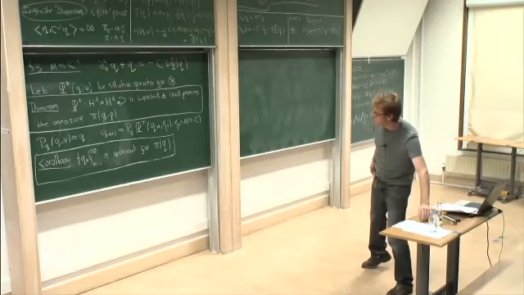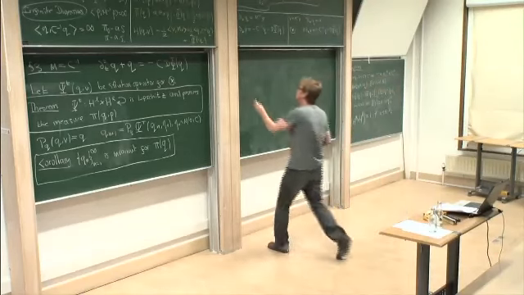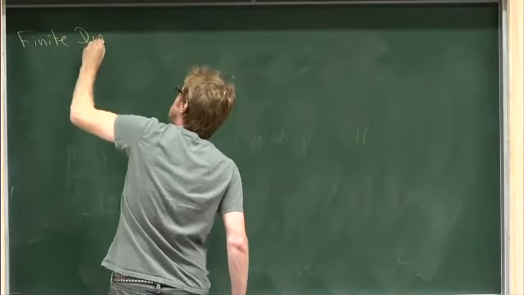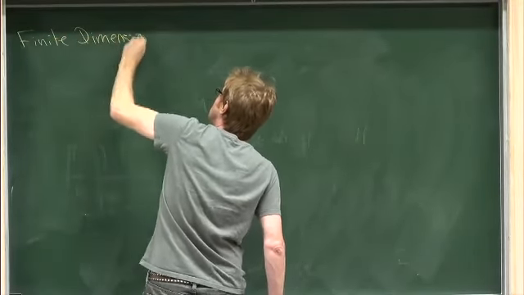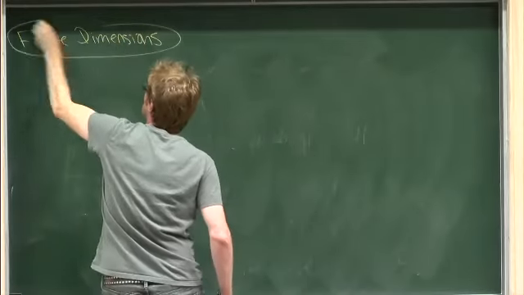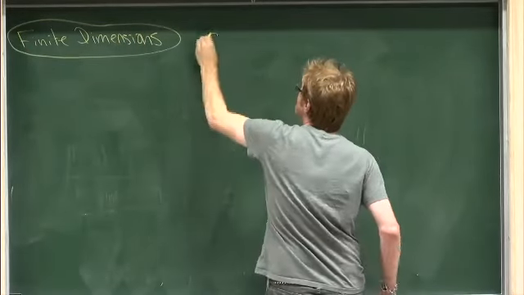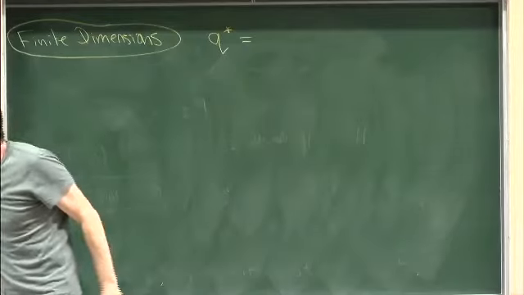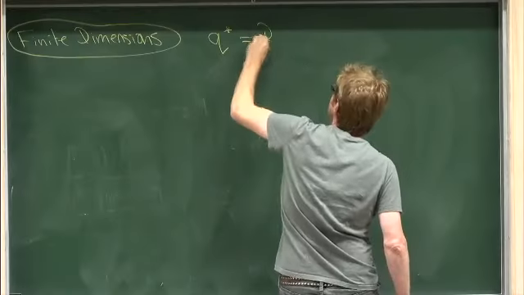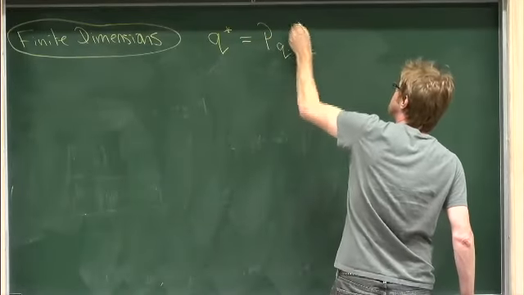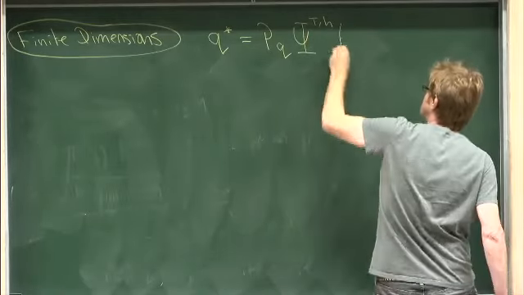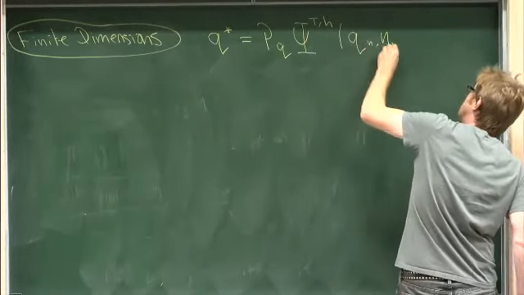So in finite dimensions, what you would implement would be a proposal Q star, which would be found from a numerical integrator applied to this. I'll call that Ψ_t^h to denote the numerical approximation of (Q_n, ξ_n).